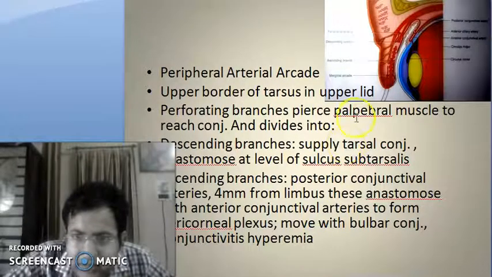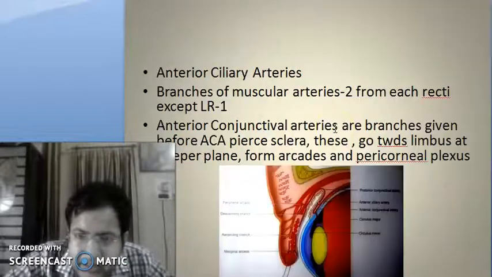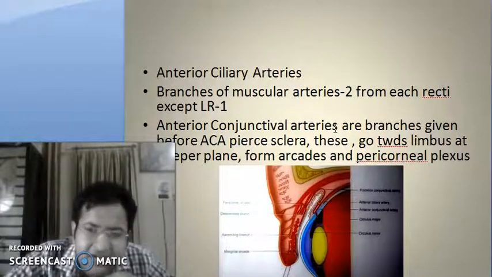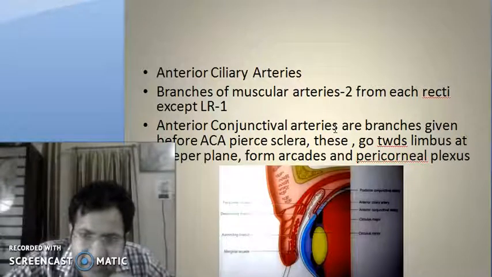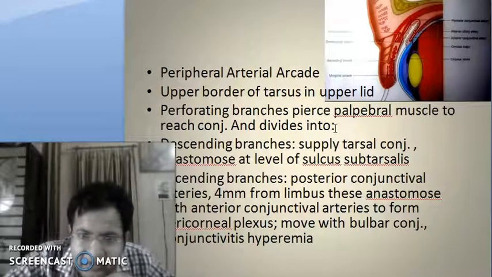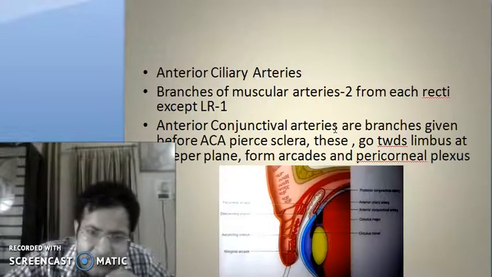But the branches that form the anterior conjunctival arteries are given before the anterior ciliary artery pierces the sclera, and these go towards the limbus at a deeper plane and form arcades and also the pericorneal plexus, along with the posterior conjunctival artery.